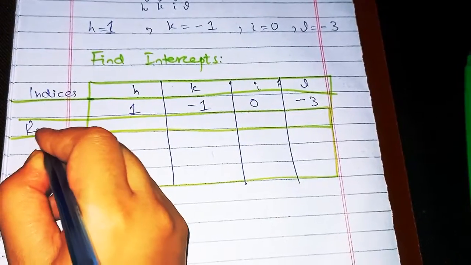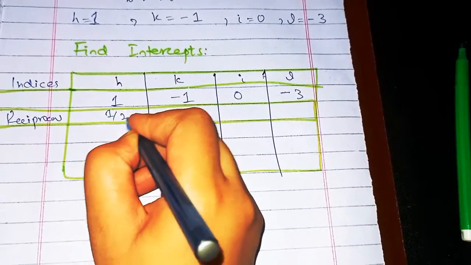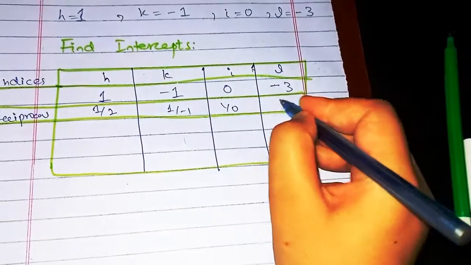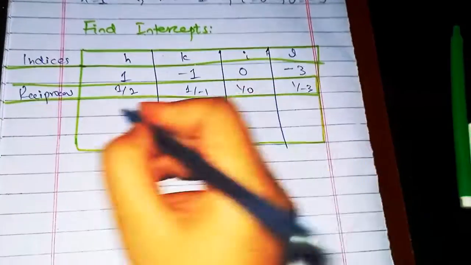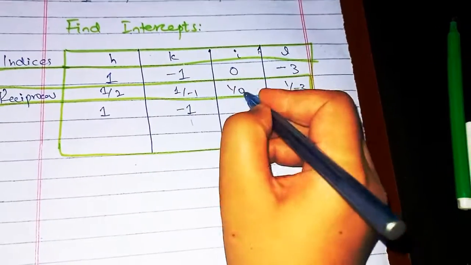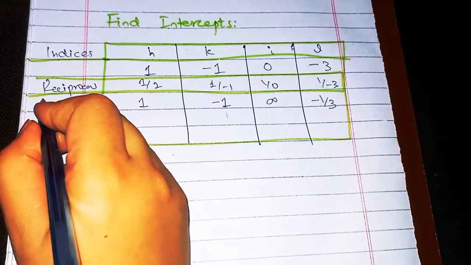We'll take reciprocal. By taking reciprocal, we will get intercepts. So 1 by 1, 1 by -1, 1 by 0, 1 by -3. So 1 by 1 is 1, 1 by -1 is -1, 1 by 0 is infinity, and we have -1 by 3 here.